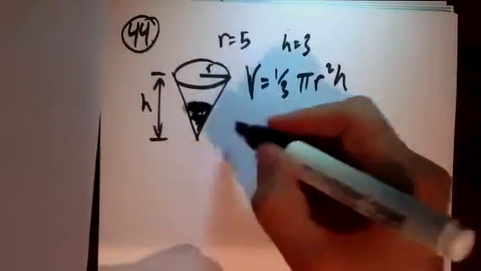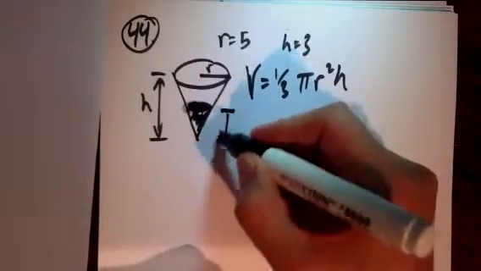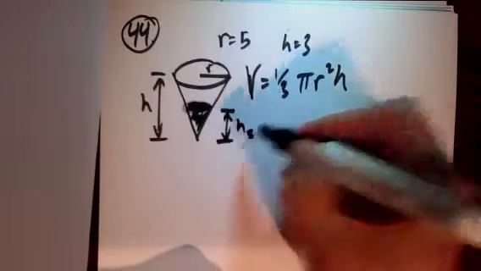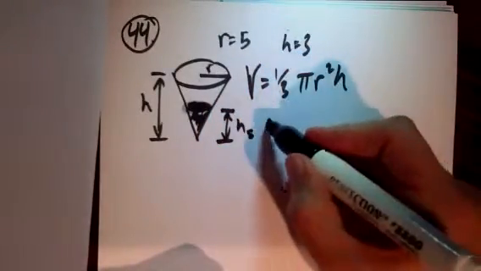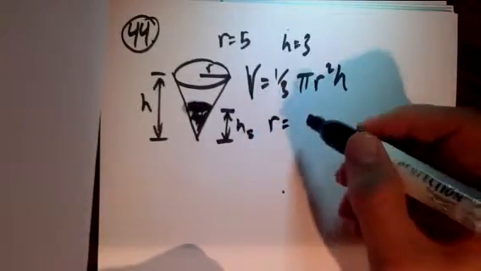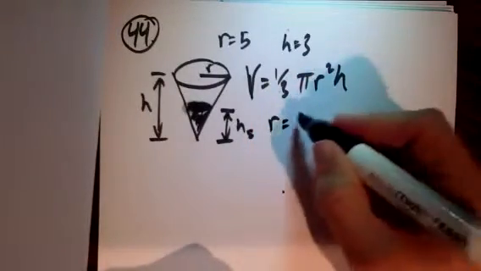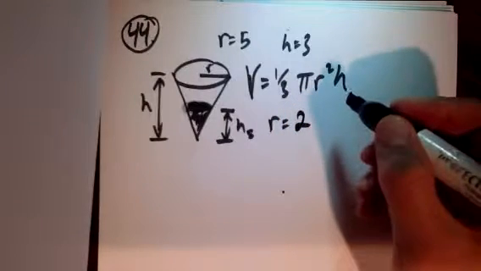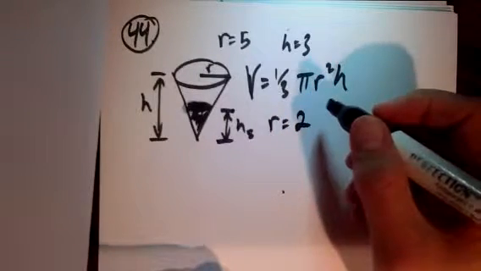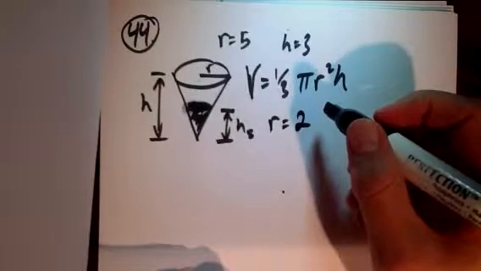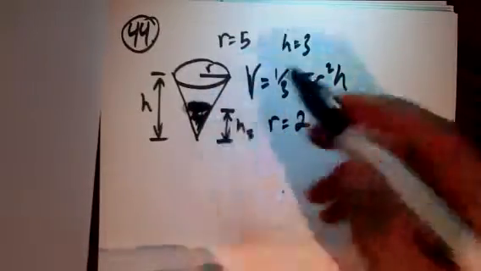That bottom part has some other height, you can call it h small or something like that, and the radius on that smaller part is going to be 2.